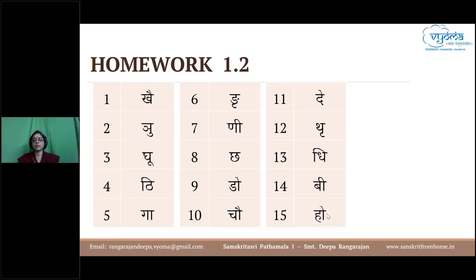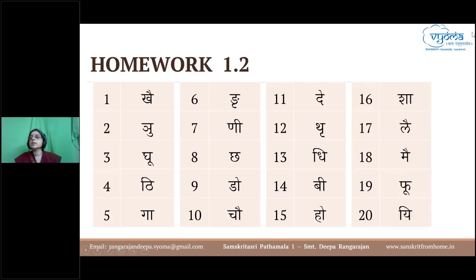And Ho. Very good. Dhanyavad, Mahodaya. So that is the homework. There is more.